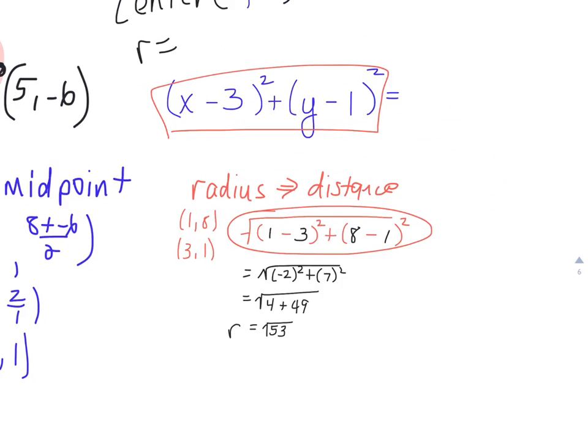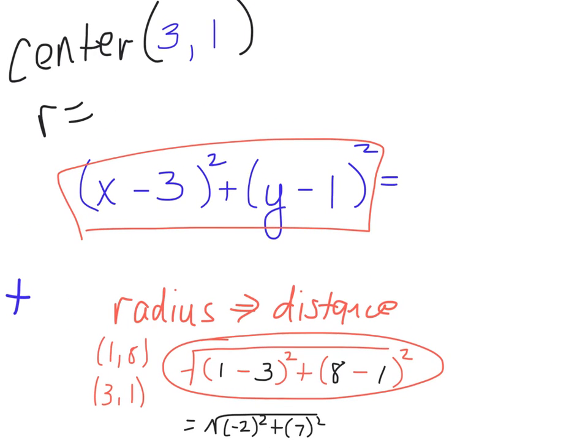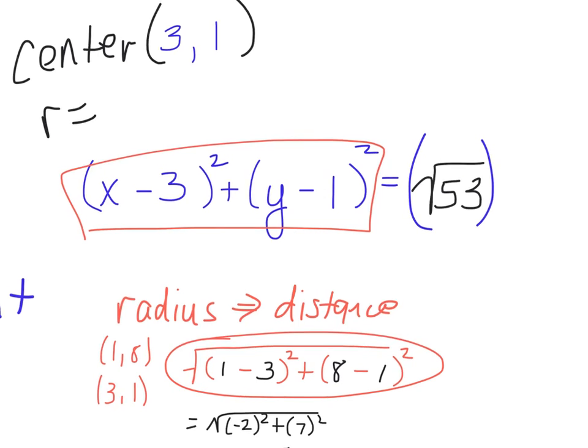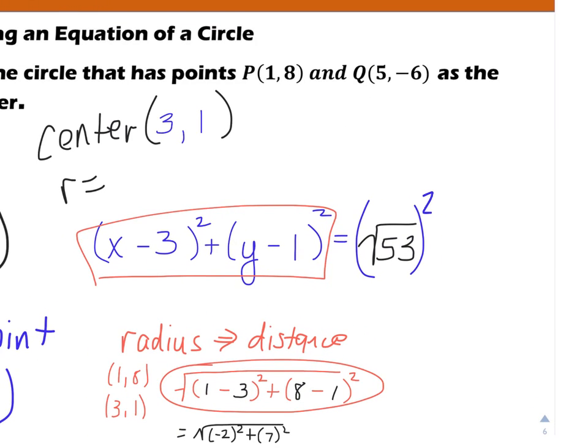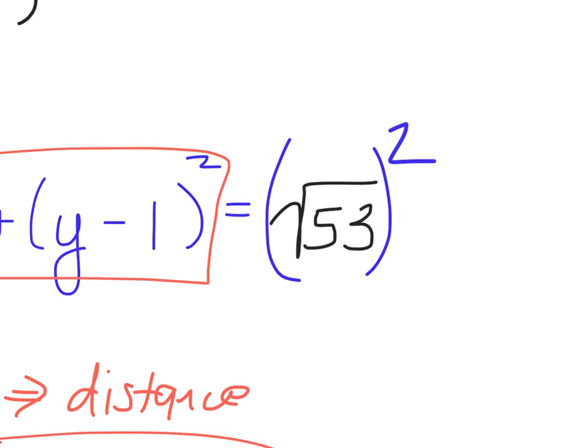Agreed? So when I go back to my formula, is this going to be the square root of 53? Not double. It's going to be what? Not half. What is the formula? Squared. So what happens to the squared and the square root?